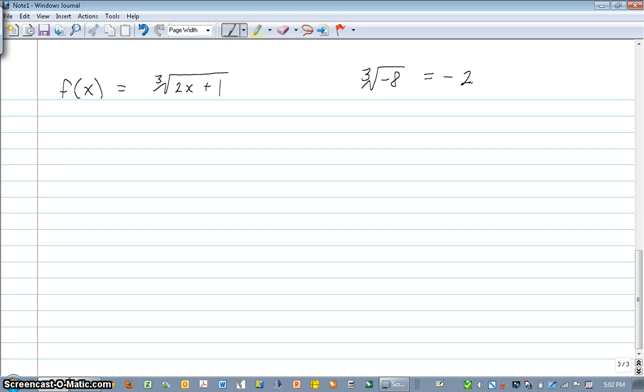So we don't end up with a complex number when we do the cube root of a negative number. Same thing goes for any odd numbered root, 5th root, 7th root, 9th root. It's okay to put negative numbers underneath those. So for an odd root, there's no restrictions.